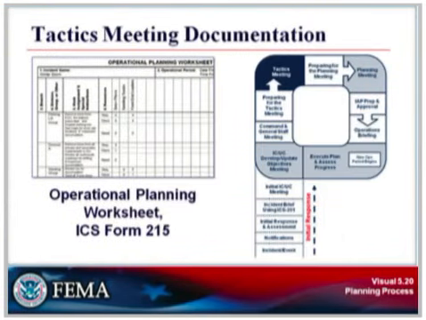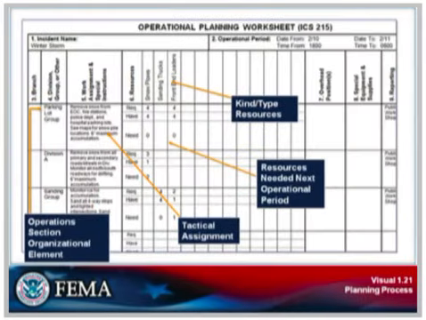The Operational Planning Worksheet is designed to document the results of the tactics meeting. You can find a copy of the ICS 215 in the Reading, or you can also find it for download on the FEMA website listed in Assignment 5. The ICS Form 215 Operational Planning Worksheet is a planning tool used to assist in establishing resource needs for an operational period.